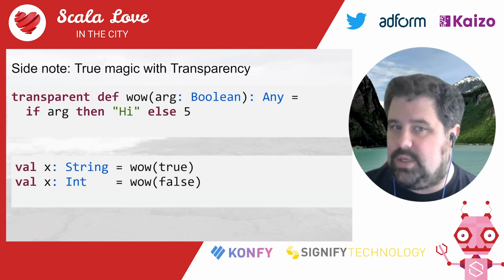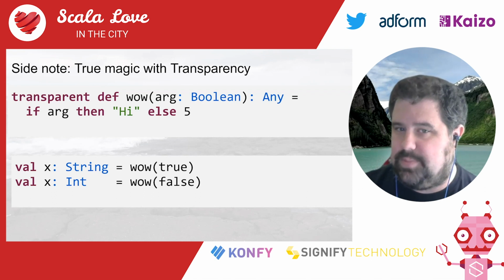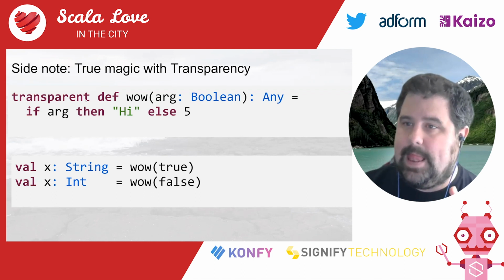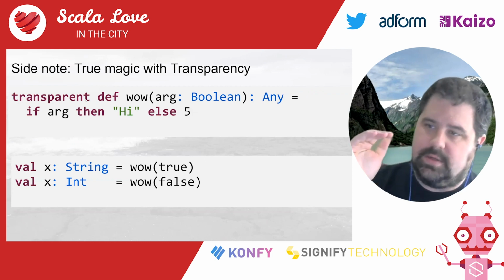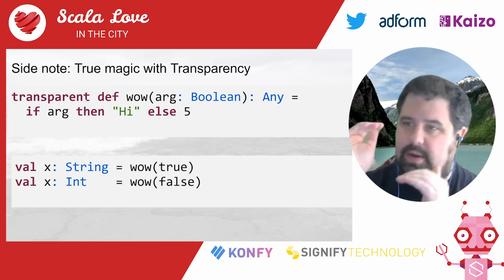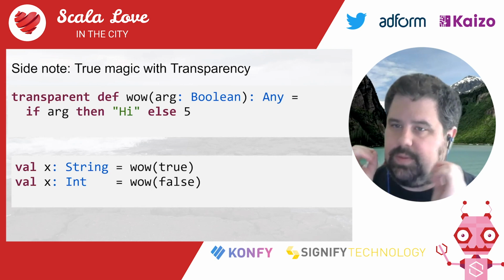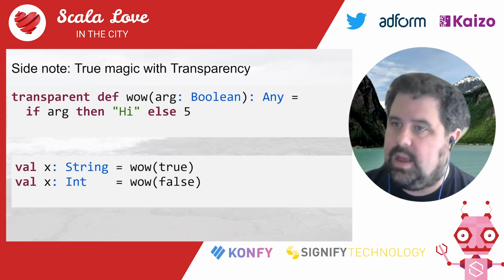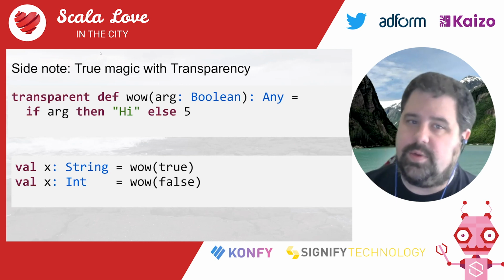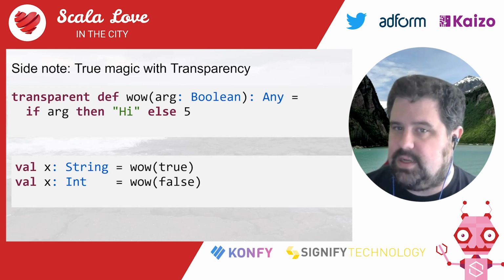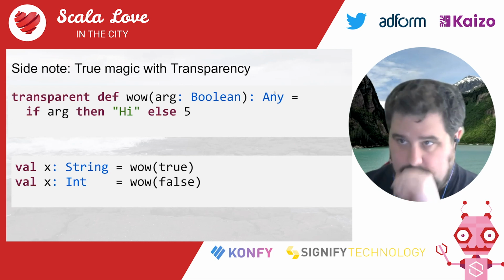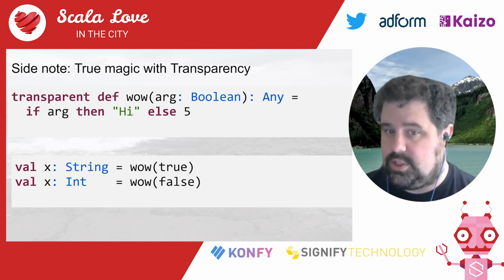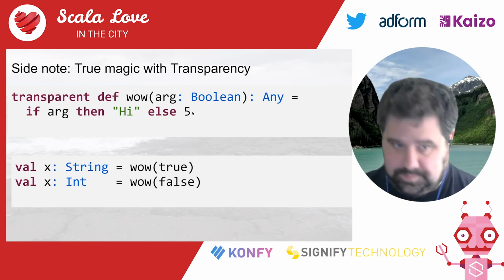Now, I mentioned that there's this thing called transparent. We're going to just talk about it for a brief second, which is, in addition to inline, there's a crazier method called transparent that I can use to completely derive my runtime type at compile time. So in this case, while I said this is transparent def wow that returns Any, this method can only return the string hi or the number 5.